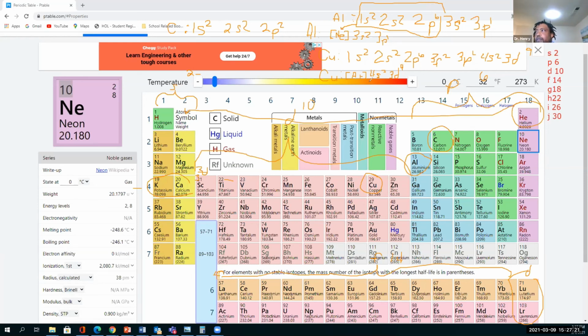Okay, so these guys would be considered valence electrons. And then in this case, for aluminum, these guys would be considered its valence electrons. Okay, are you with me so far?